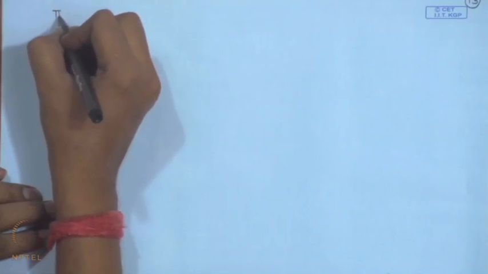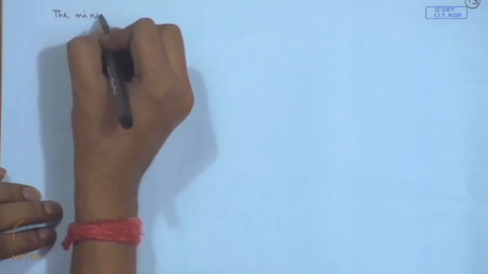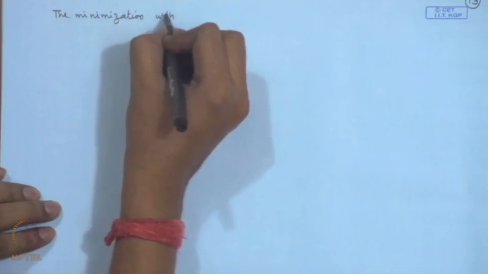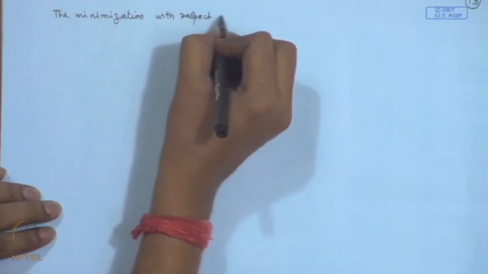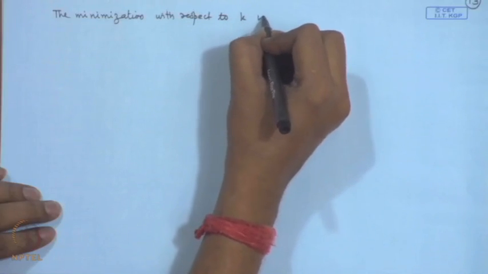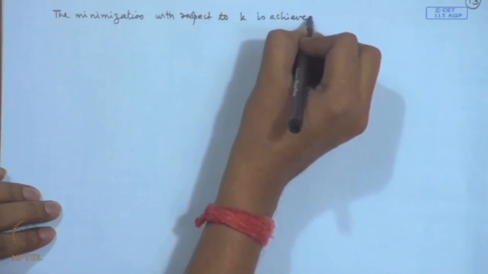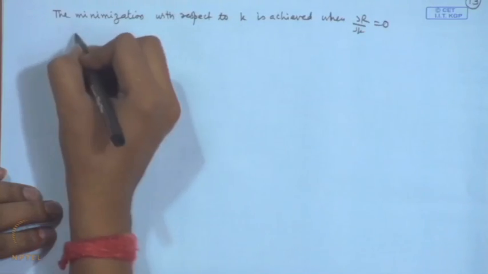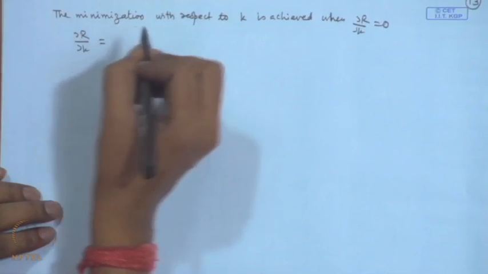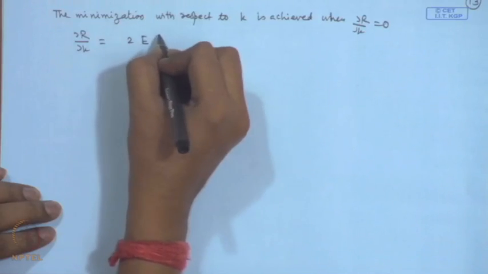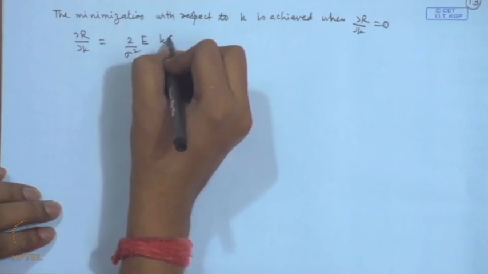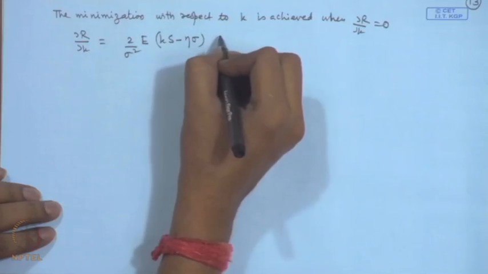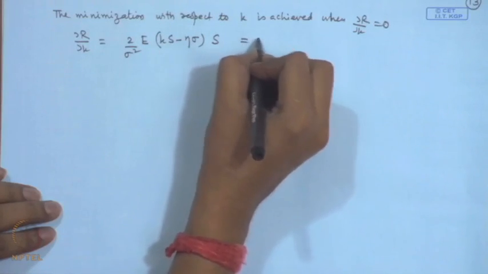So, the minimization with respect to k is achieved when del r by del k equal to 0, and del r by del k is actually equal to twice expectation of (k s minus eta sigma) into s equal to 0.